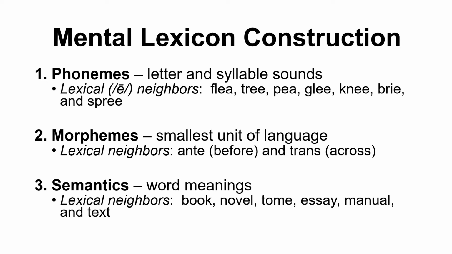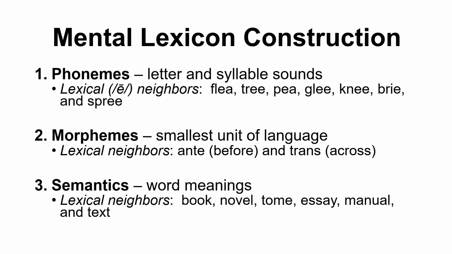But here, our mental lexicon is going to include the letter and sound syllables that are involved in our phonemes. So we would associate things that sound similar close together. Flea, tree, pea, glee, they all rhyme, they all have similar sounds, so they might be more closely associated in this network.